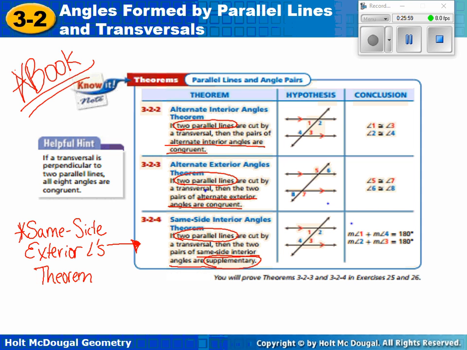That if two parallel lines are cut by a transversal, then the same side exterior angles will now be supplementary. Questions so far? Okay, vertical angles have nothing to do with the lines being parallel. Vertical angles are always congruent. Linear pairs have nothing to do with lines being parallel, but they're always supplementary.